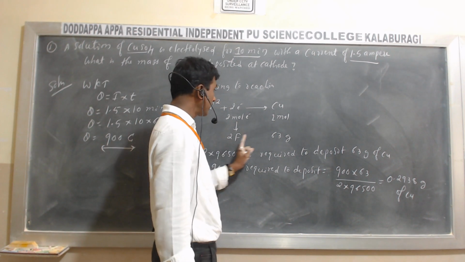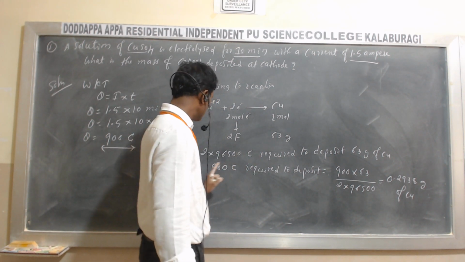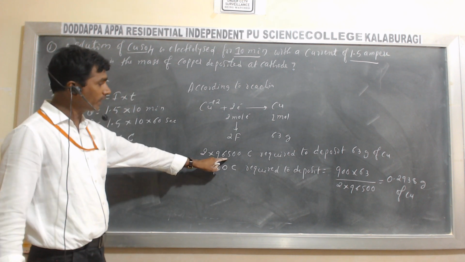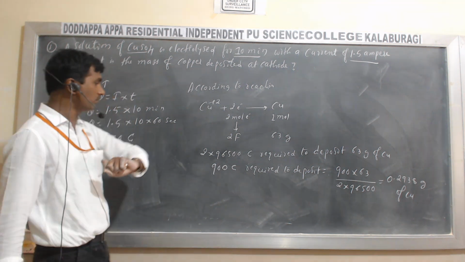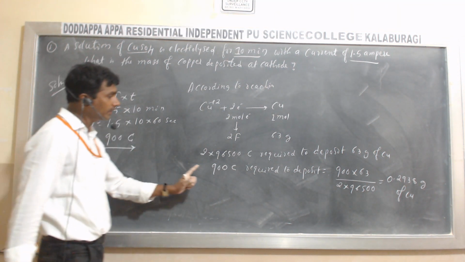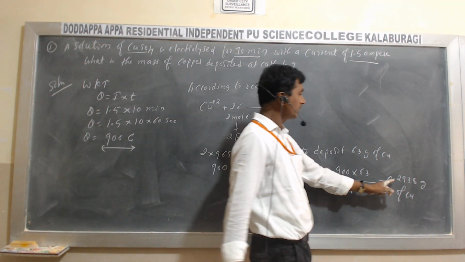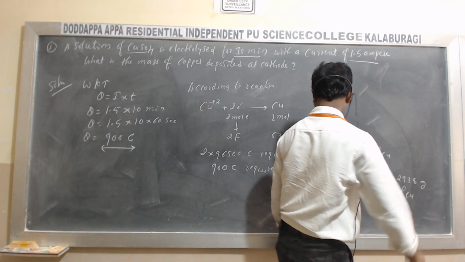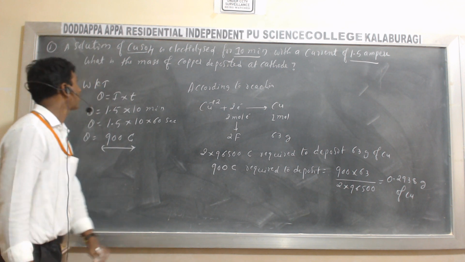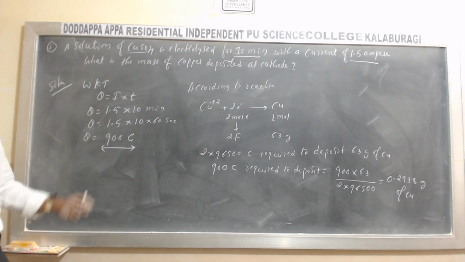So 2 Faraday, that is 2 into 96,500 coulomb, deposits 63 grams of copper, that is 1 mole. For 900 coulomb, it requires only 0.2938 grams of copper. This is very important for the annual examination. This is problem number 1, or exercise number 1.